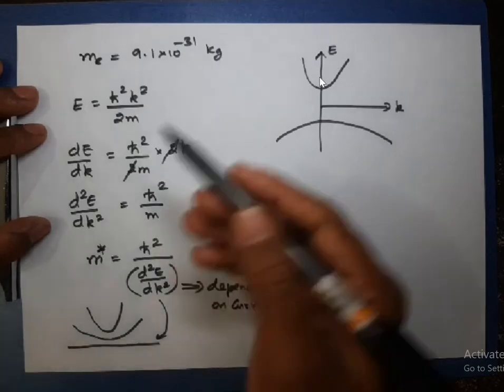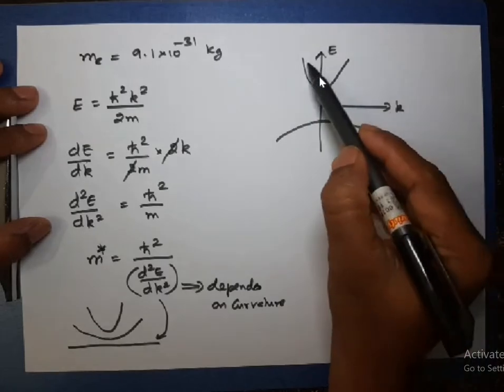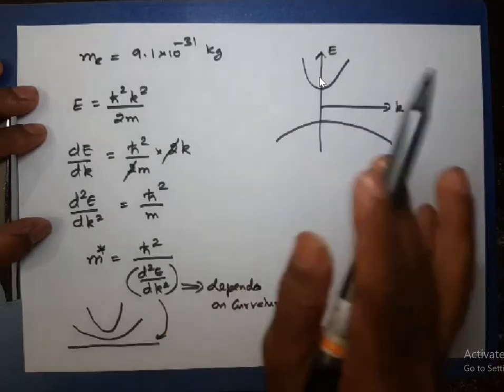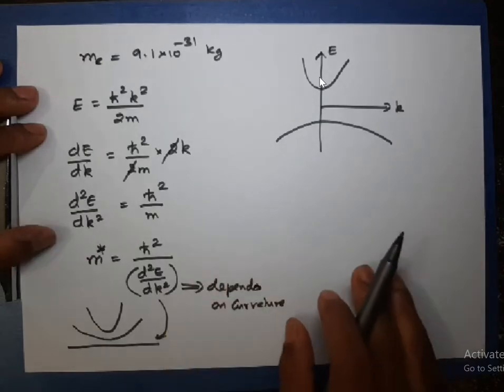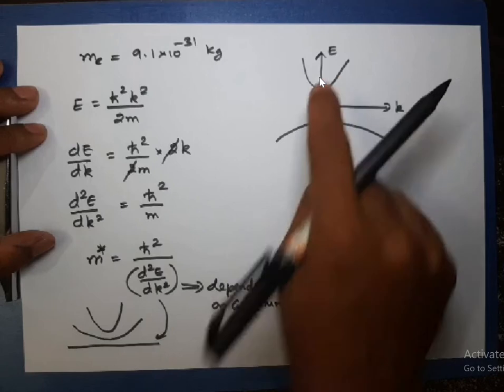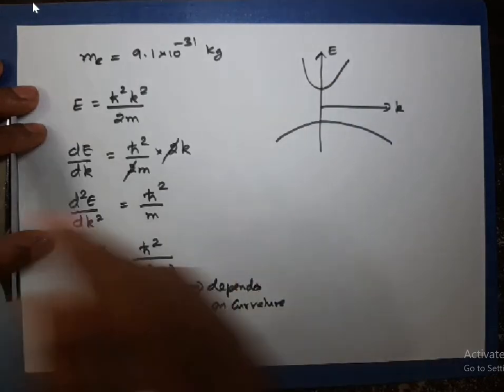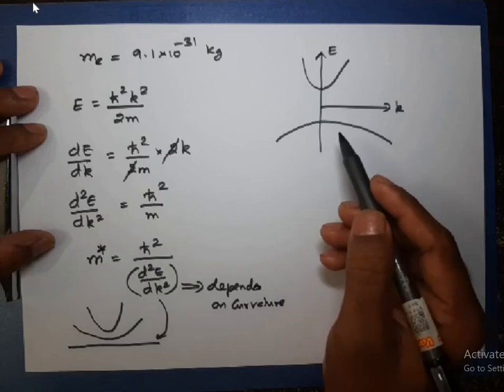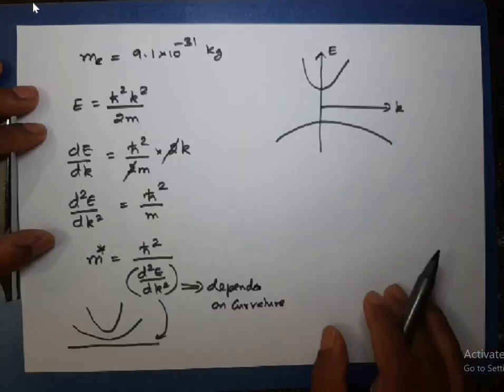So in most semiconductors, the curvature of the conduction band and the curvature of the valence band are not equal. Therefore, the effective mass of electron in conduction band and the effective mass of hole in valence band need not be the same.